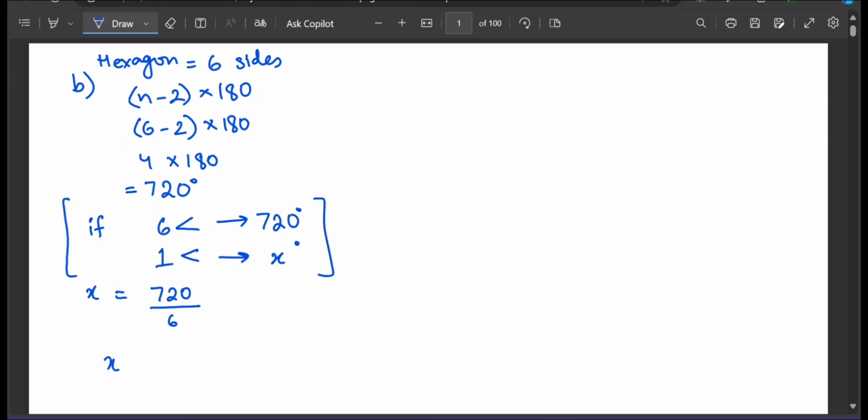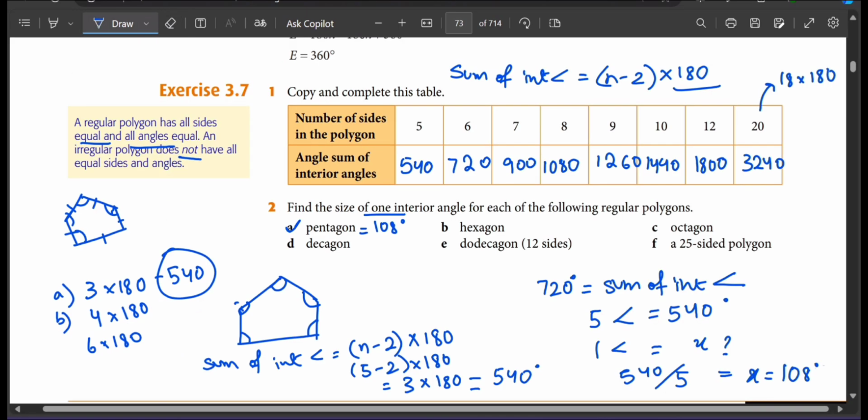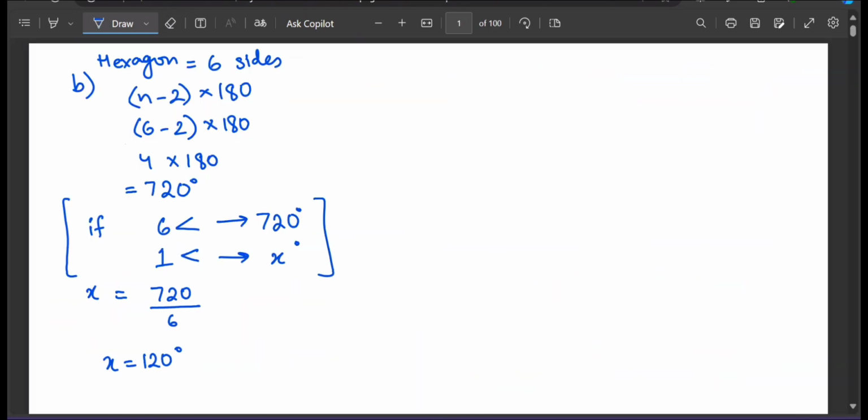For the C part, what is the C part? The C part is an octagon. Octagon has 8 sides. Let me do this the way you are supposed to do in your exam.